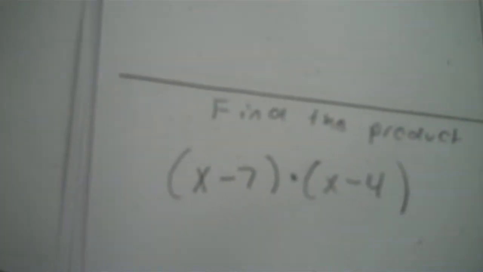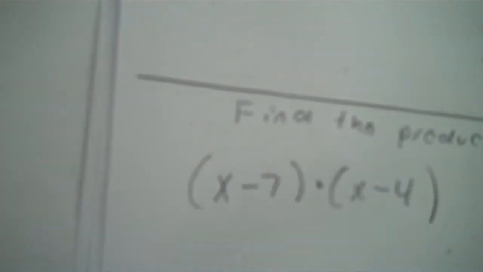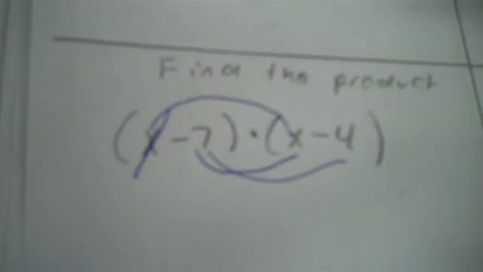Now, next problem, same thing. (x − 7)(x − 4). We don't know x. So x times x, times negative 4. A minus means that number is multiplied as a negative. Negative 7 times x, and then negative 7 times negative 4. If it's got a minus, it has a negative value when you multiply.